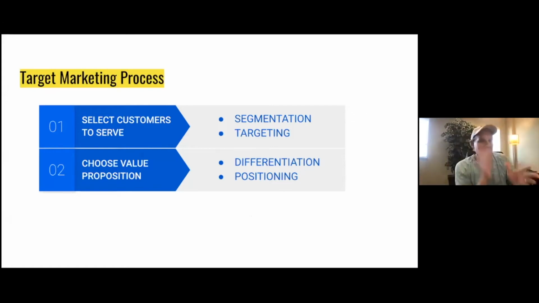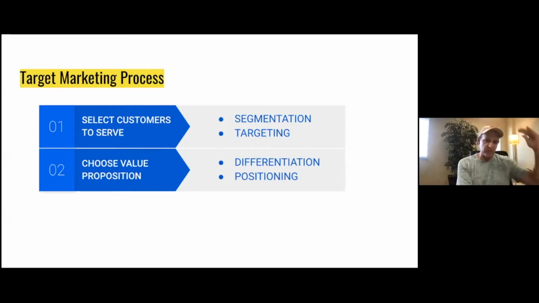Okay, the target marketing process is in total a 4-step process that you should be taking. And these 4 steps are broken into 2 categories. The first grouping is you're selecting the customers to serve. And then the second category is you're choosing a value proposition.